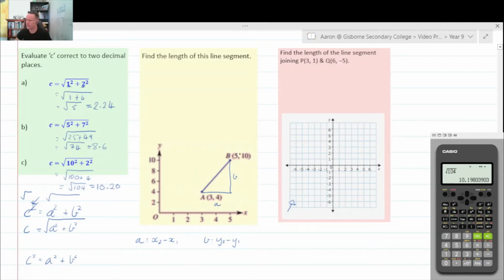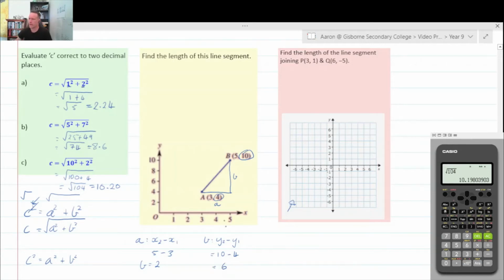So x2 is 5, take away x1, which is 3. So we've got 2 there. So b is equal to 2. And then we've got 10, take away 4. Okay, so I've got the 10 from there, and the 4 from there. Okay, and we get 6 there.